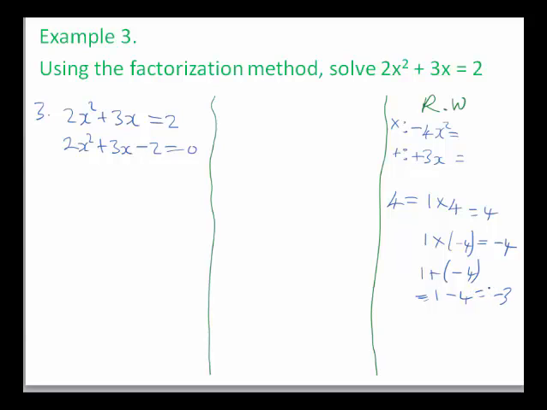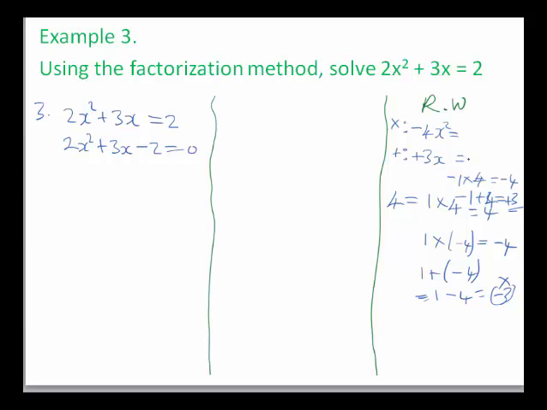Are we looking for -3? No, so this is not okay for us. The next option is -1 times 4, which is -4, then -1 plus 4 is equal to +3. That's what we are looking for.